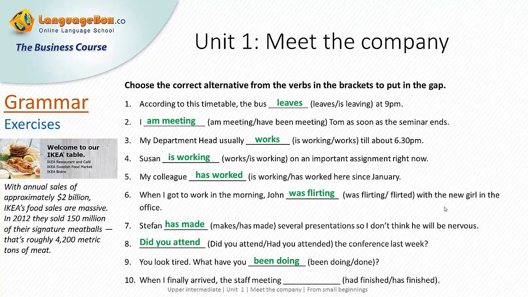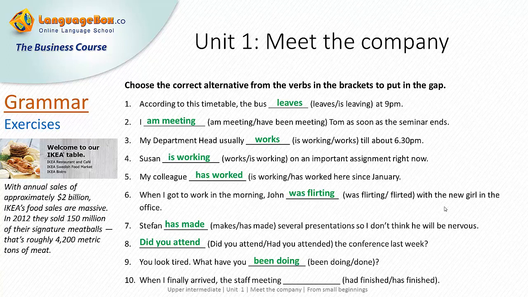Okay, so that takes us on to number 10. When I finally arrived, the staff meeting had finished, or when I finally arrived, the staff meeting has finished. Well, we've got two actions here, and for this sentence we need to make it clear for the reader the order in which they happened.